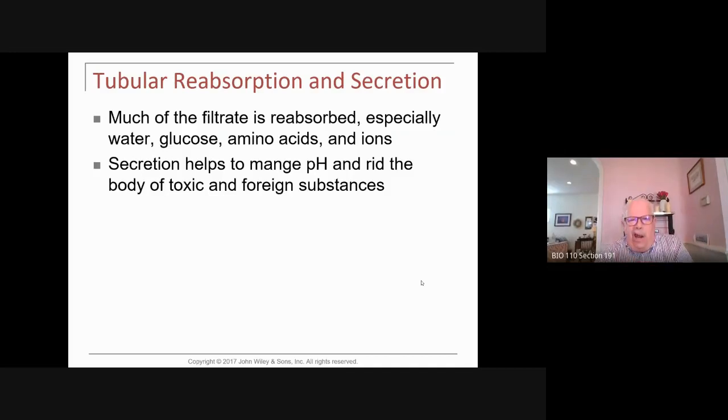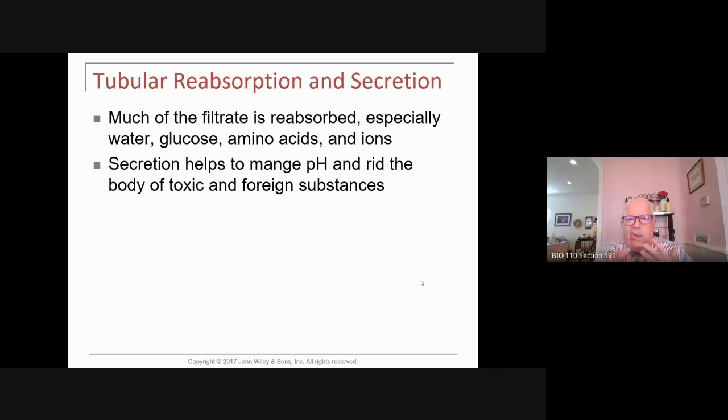The majority of the filtrate is reabsorbed, especially water, glucose, amino acids, and ions. You need it. If you need it, it will be reabsorbed. What is secretion?